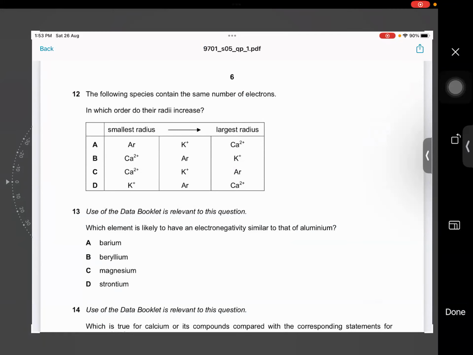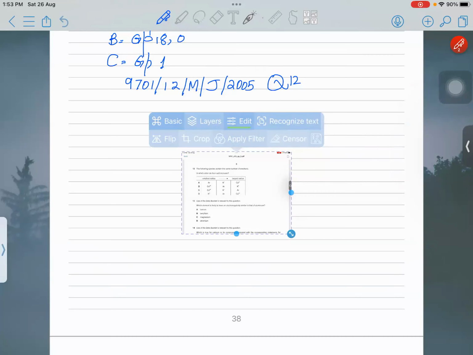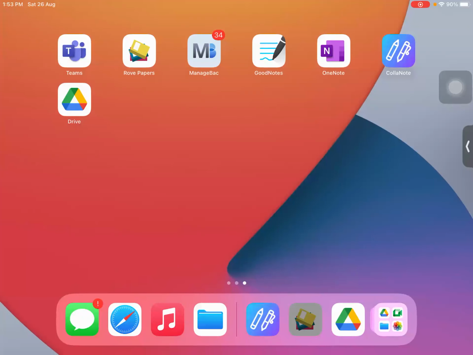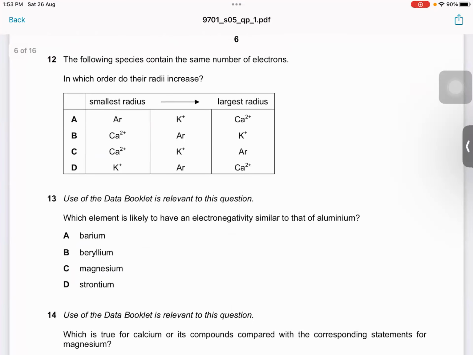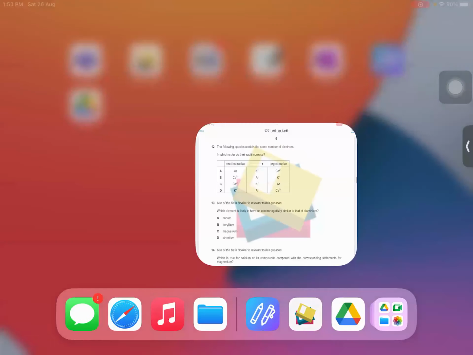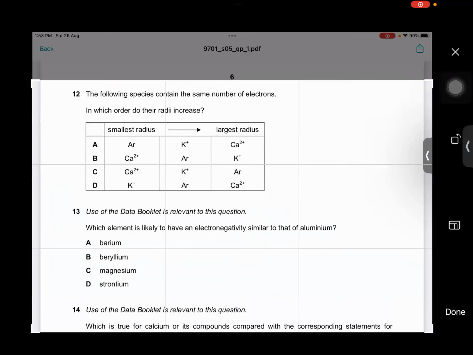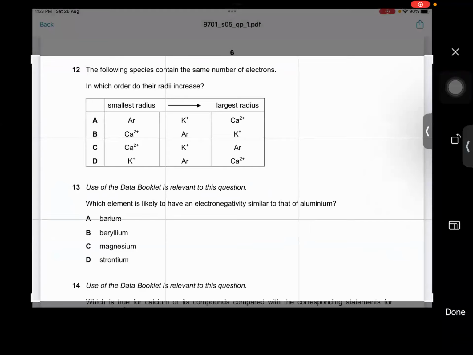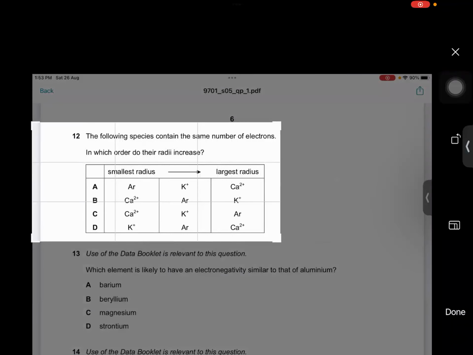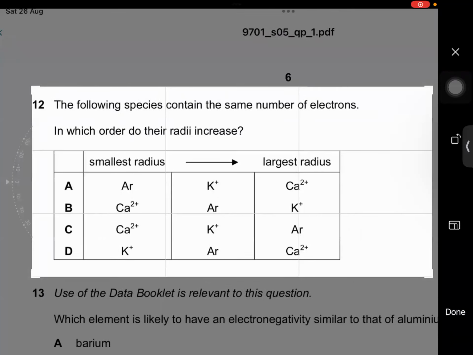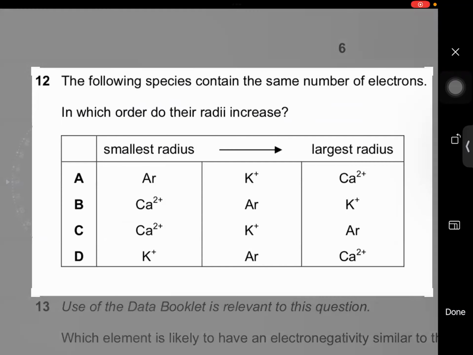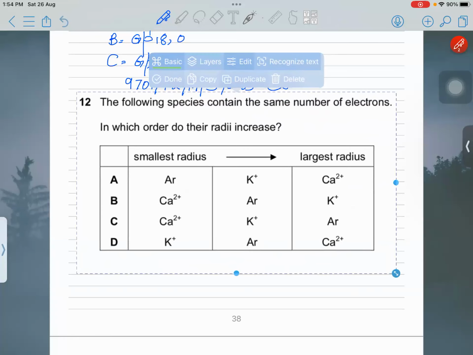Yes, question number 12. Now solve this question.